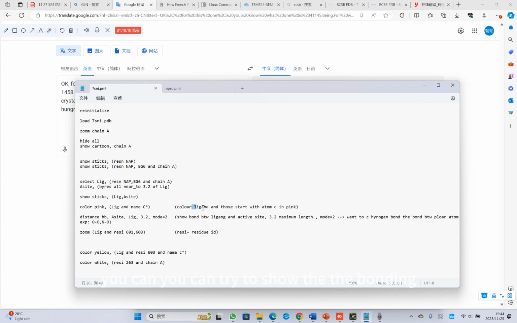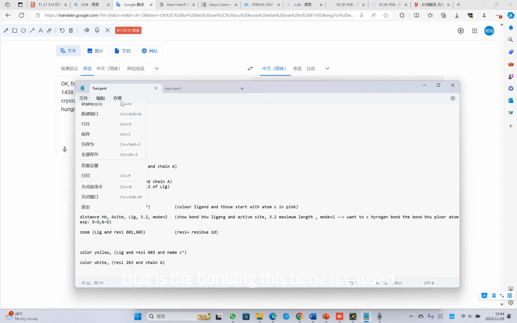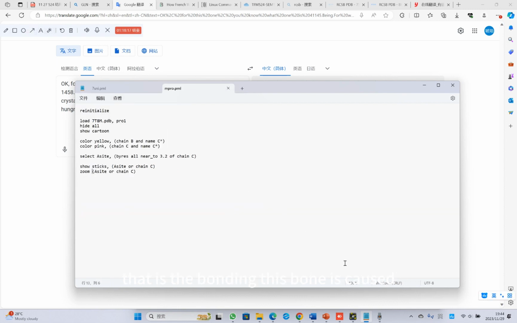You can try to show the bonding. This bond is because there's water inside.